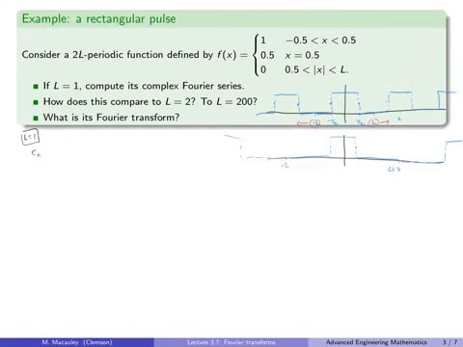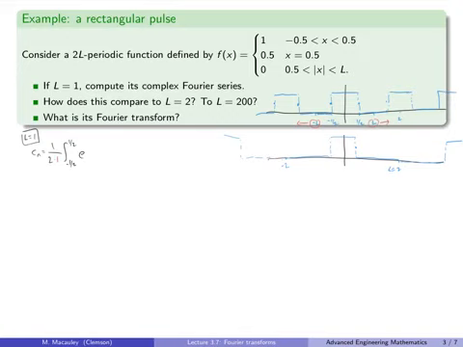So now Cn is 1 over 2L, so that's 2 times 1. Let me write that in red. Times the integral from negative L to L, although we really only need to go from negative 1/2 to positive 1/2 because the function is 0 outside of that. So negative 1/2 to positive 1/2 times the function is 1 in that region.